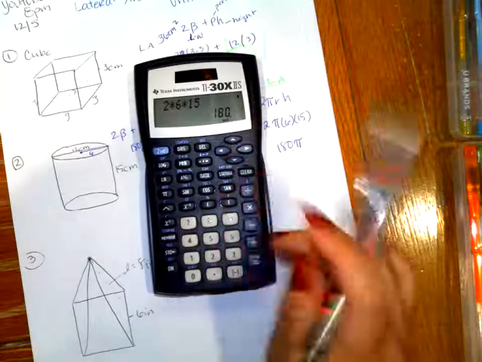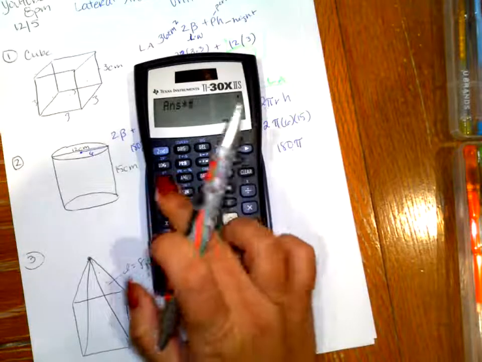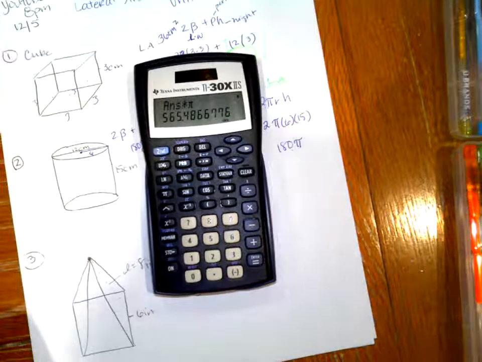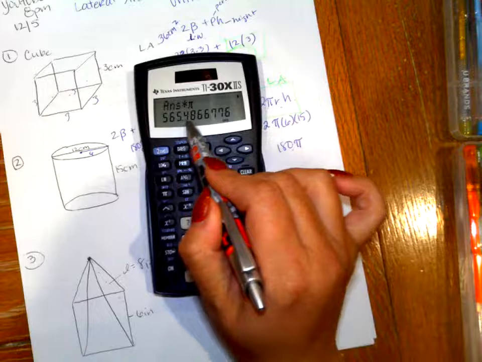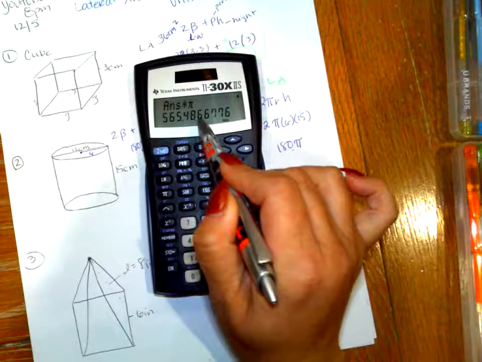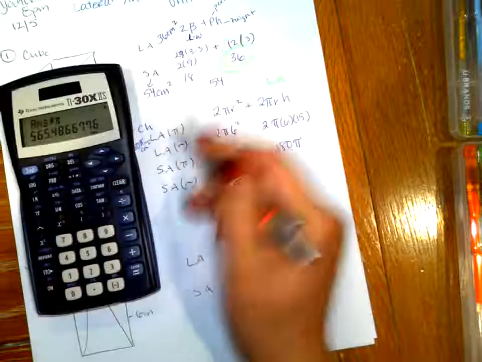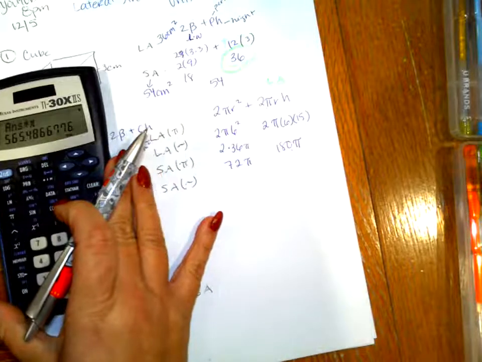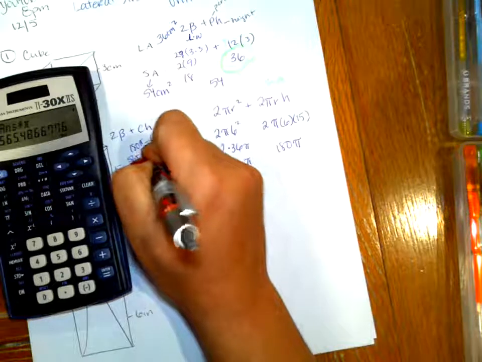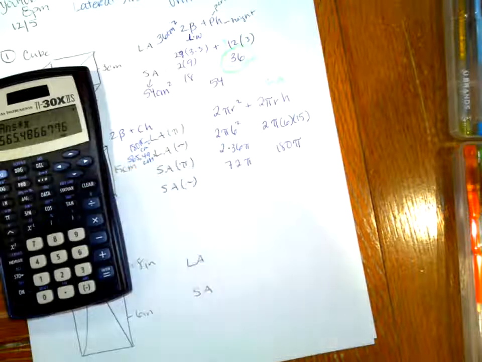So I've got 180 times pi, which is going to give me 565.48. We are going to round to the nearest hundredth, so you're going to bump that guy up. So my approximate lateral area is going to be 565.49 centimeters squared.